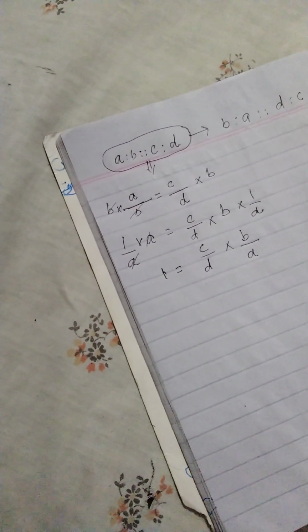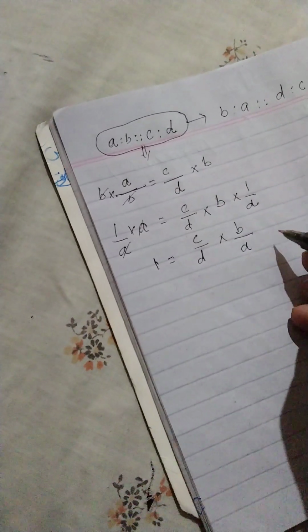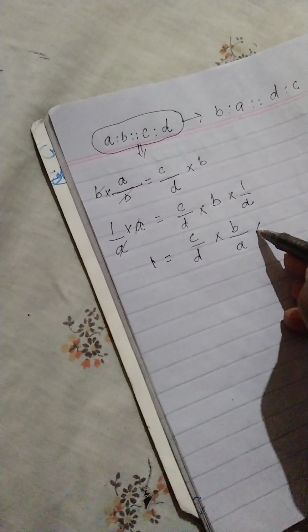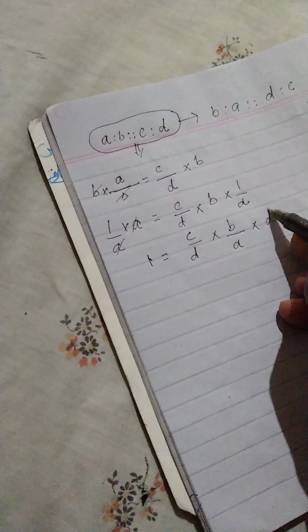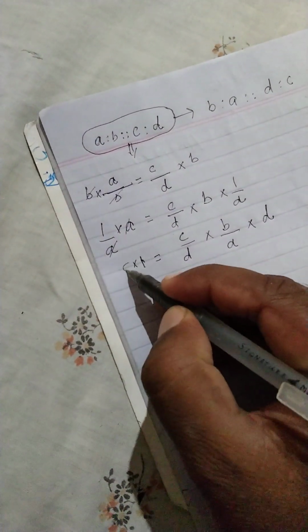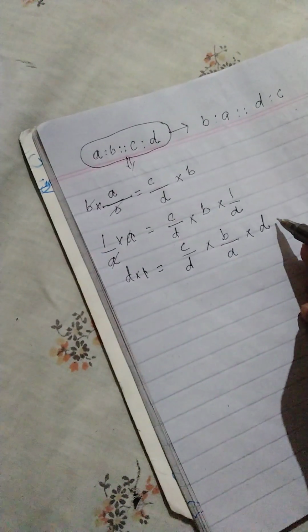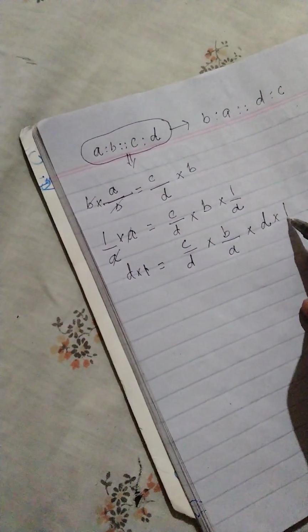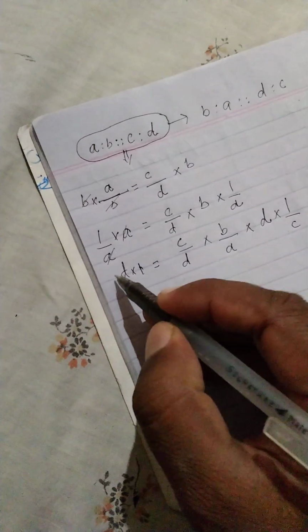So in the same way, suppose I multiply both sides with D, and again I am multiplying 1 over C to both sides.